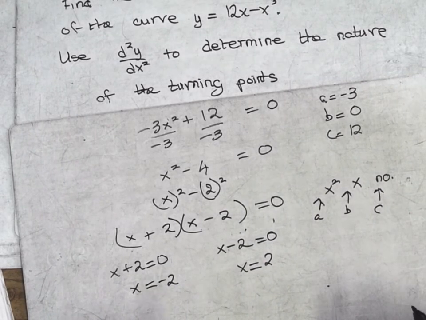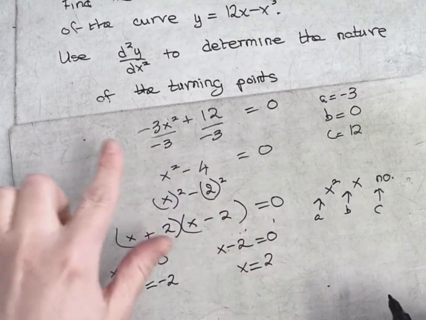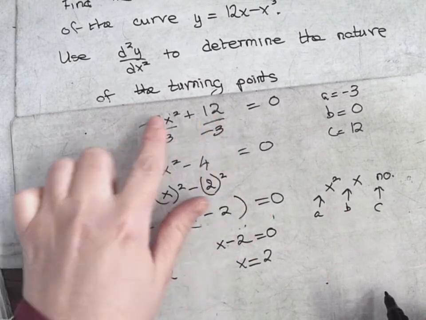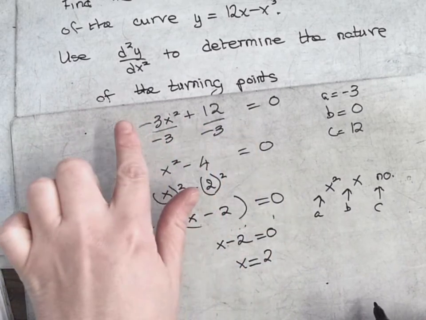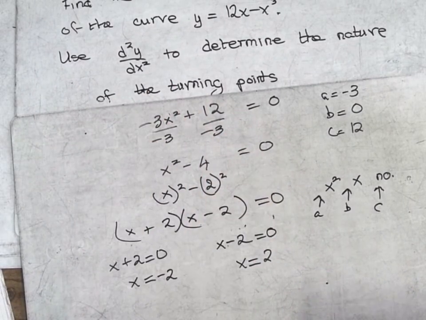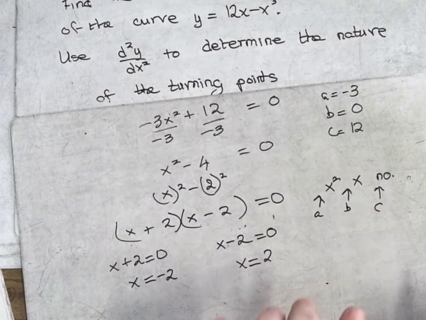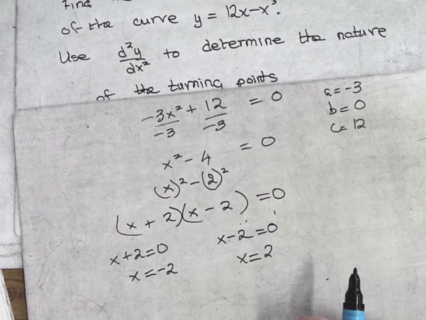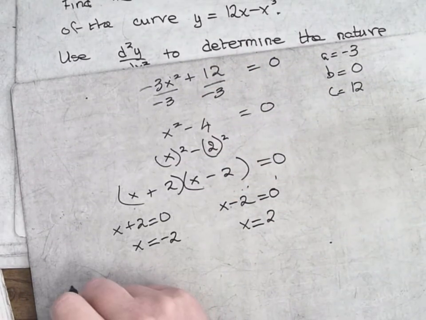Agreed? Right, so a is minus 3, b is the number in front of x, there is no x term there, right? So that means it's 0x, as in it's not there, so that's why b is 0. Is that alright?